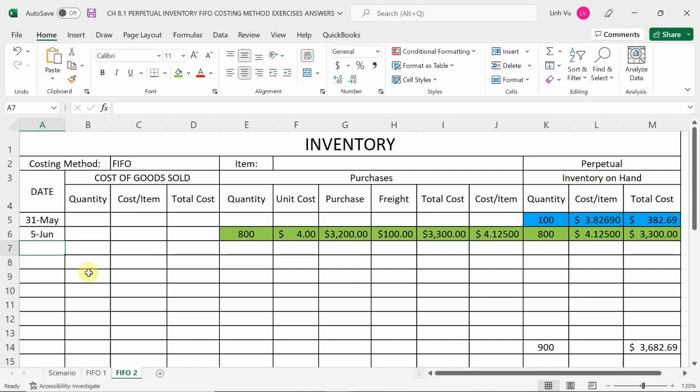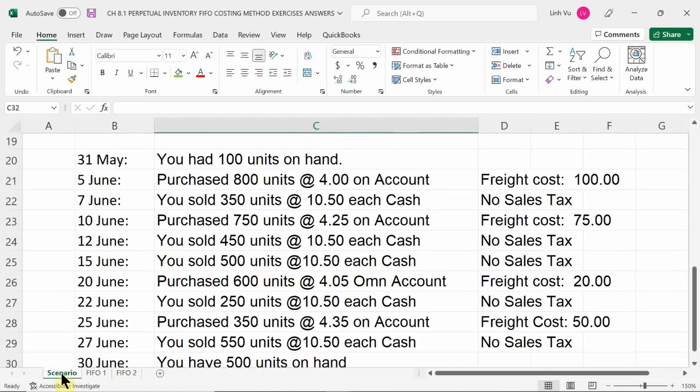I definitely have enough to sell 350 units, but how am I going to sell my batches? You're going to use all of your 100, and then out of the 800, you're going to take 250 out, giving you a grand total of 350, which is how many units we want to sell.